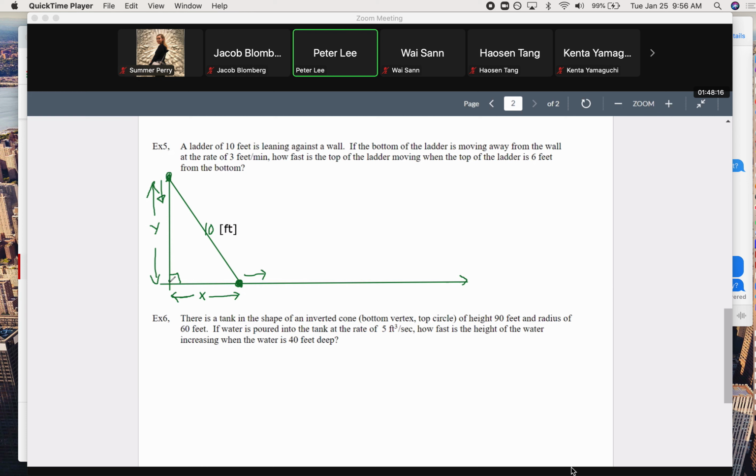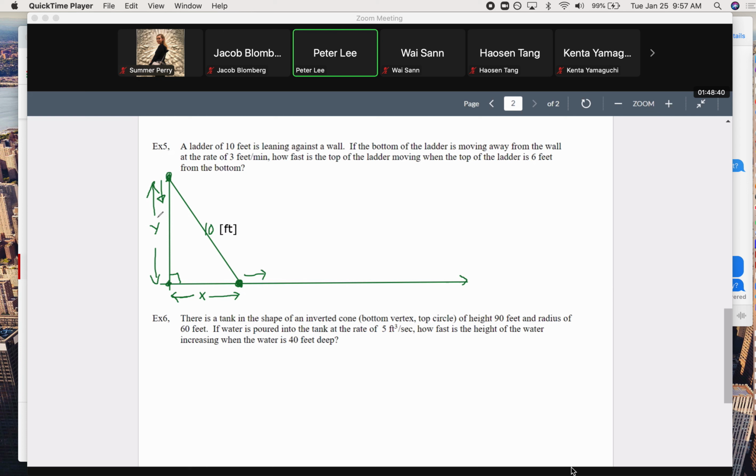And this origin is the fixed point here. So I'm going to create a distance variable rather than a point variable. And since the question is about the top here, I'm going to let this distance be y. Again, I'm creating a distance variable, which I think is easier to understand.